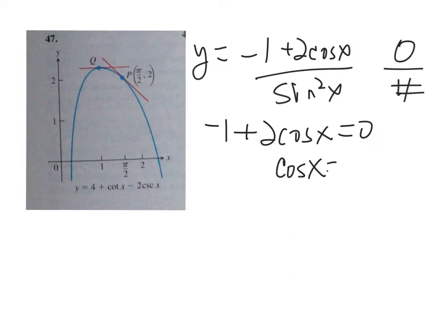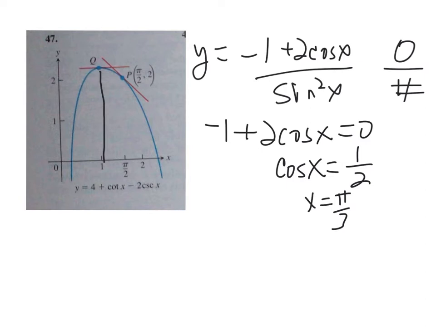So cosine x equals positive 1/2. And then I've got to think about my 30-60 right triangles, or have a chart, or I guess you could do the arccosine on your calculator, but that's a messy number. I know that this is going to be x equals pi over 3. Okay, and if you think about it, pi over 3 is just a little bit better than 1, and that certainly looks a little bit better than 1.